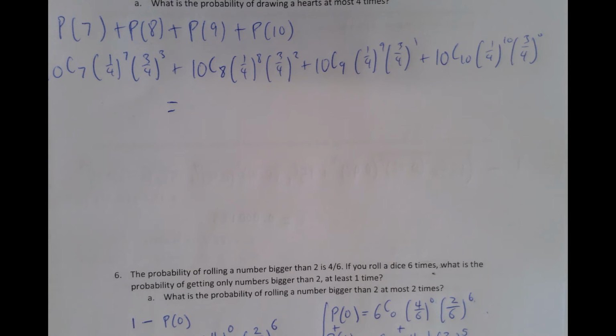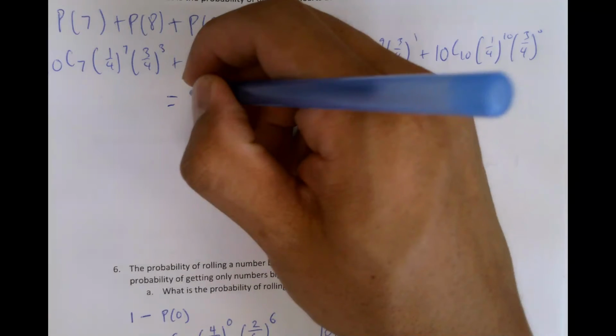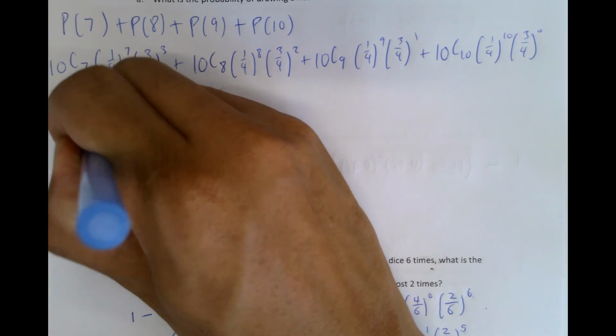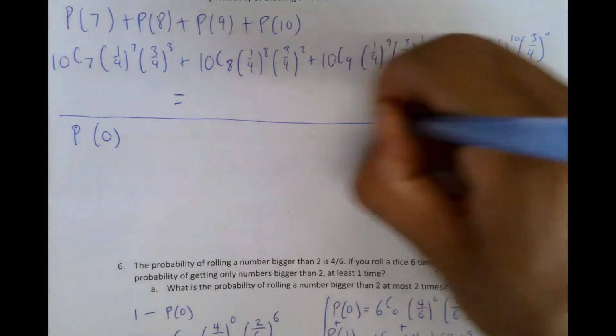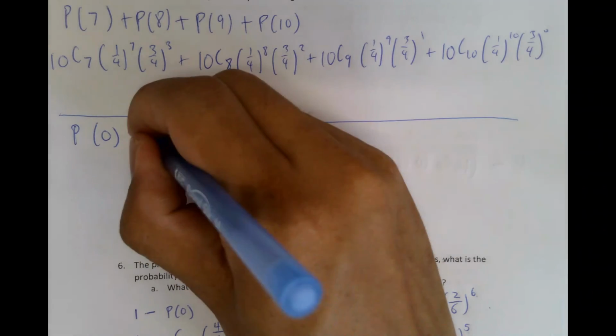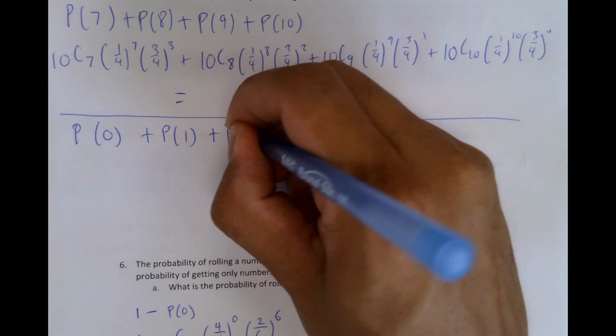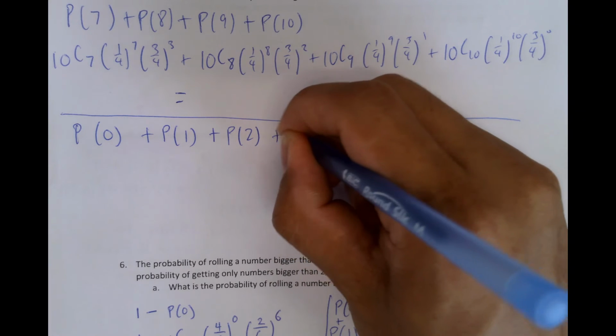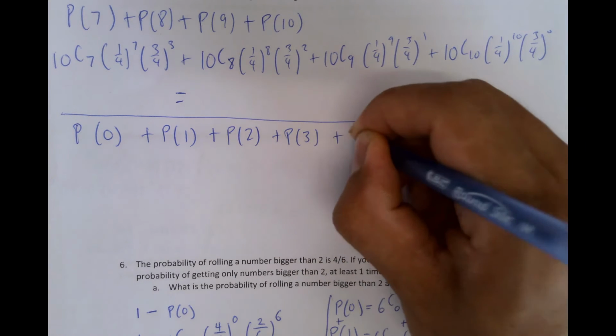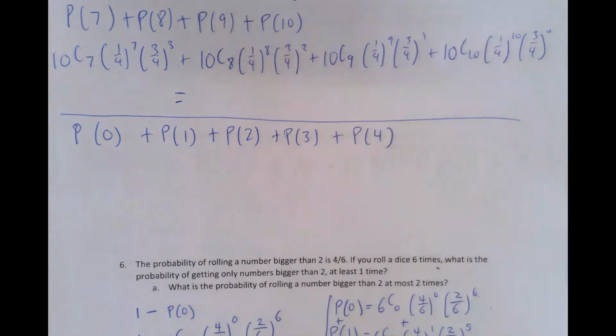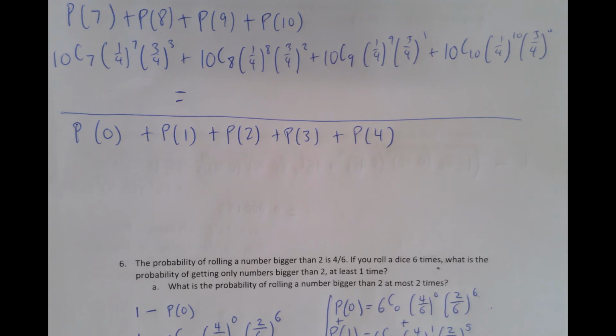So the different probabilities here are probability of 0, probability of 1, probability of 2, probability of 3, and probability of 4. Okay, so again, we're calculating at most 4, so maximum of 4, but you can have anything less than 4.